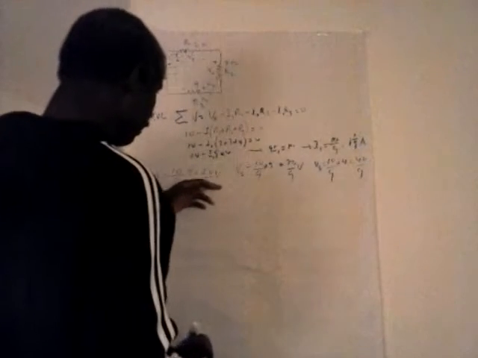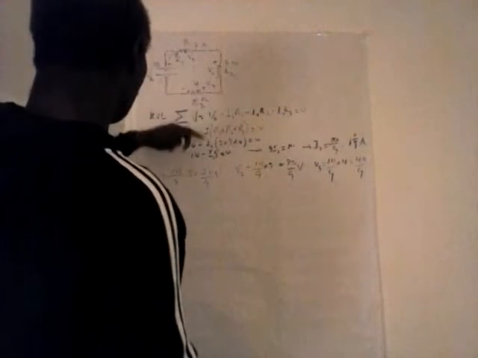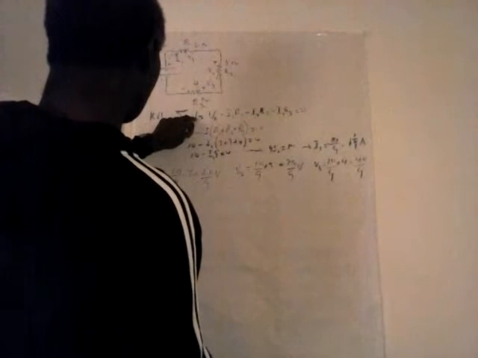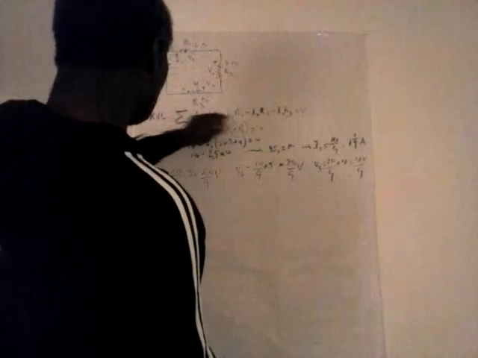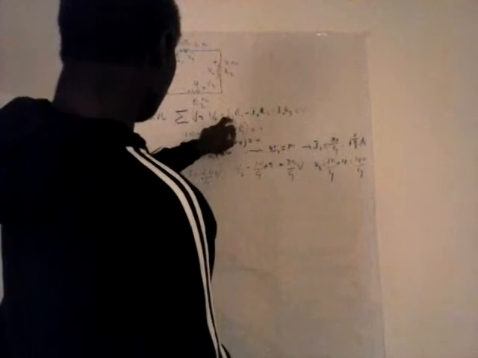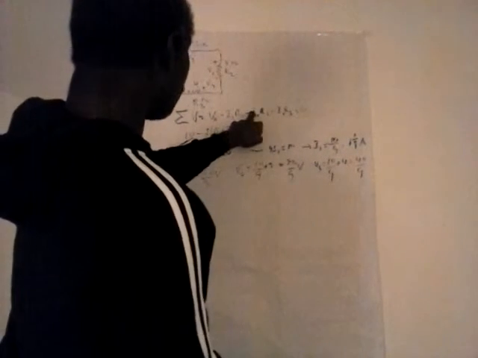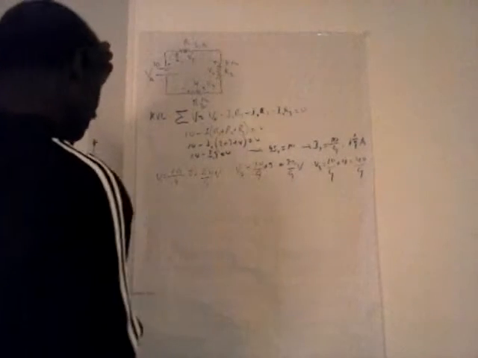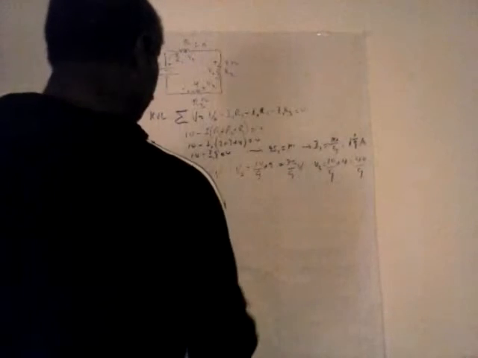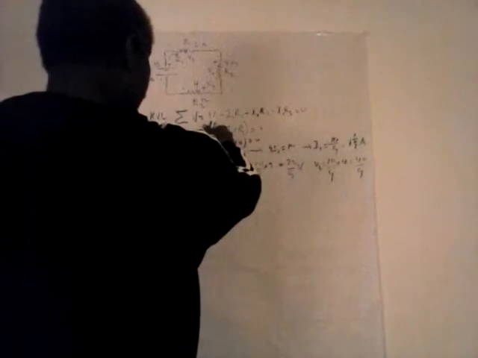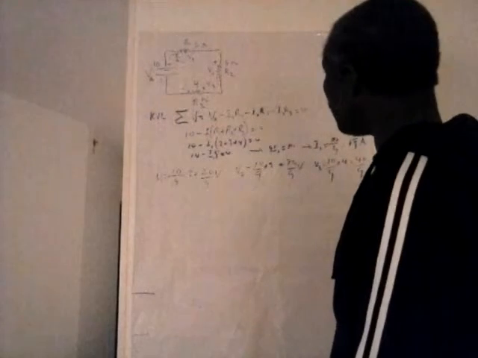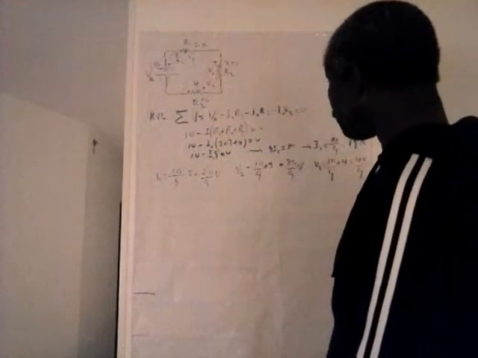Note that we said the sum of the voltage must be equal to 0. So if we add I1 R1, I2 R2, and I3 R3, and VA, that's supposed to give us 0 by Kirchhoff voltage law.